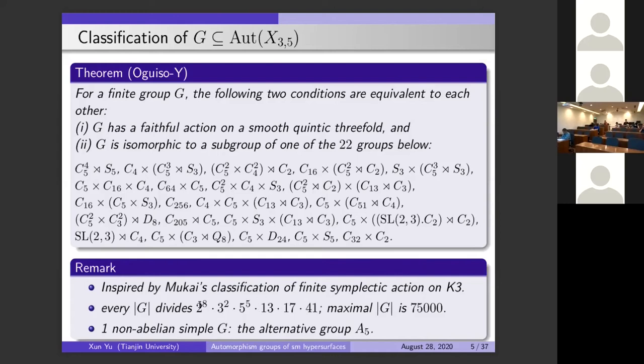For instance, all possible prime factors of the group G are 2, 3, 5, 13, 17, 41. And the maximum possible order of the group is 75,000, which acts on the Fermat quintic. Moreover, a group-theoretically interesting thing is to know which non-abelian simple group could act on a quintic threefold. It turns out only one.